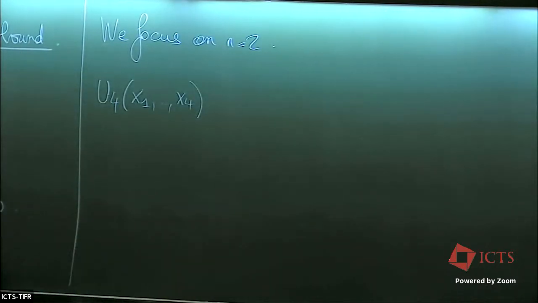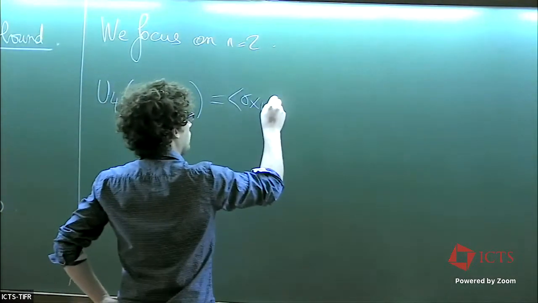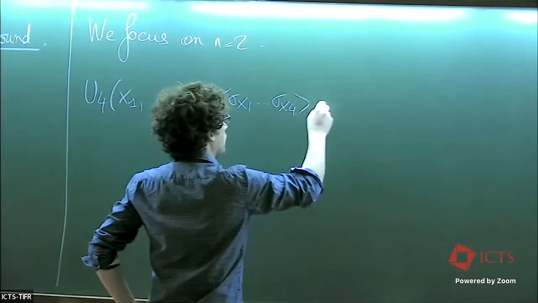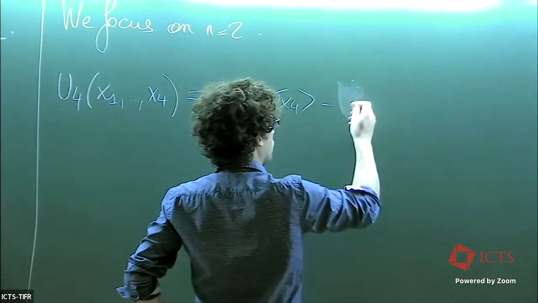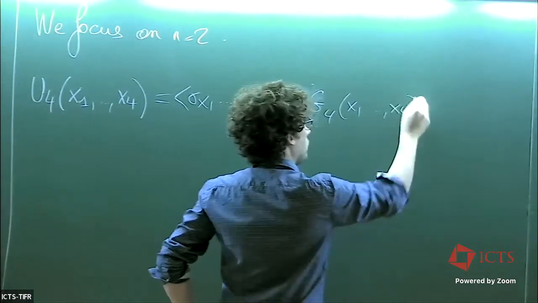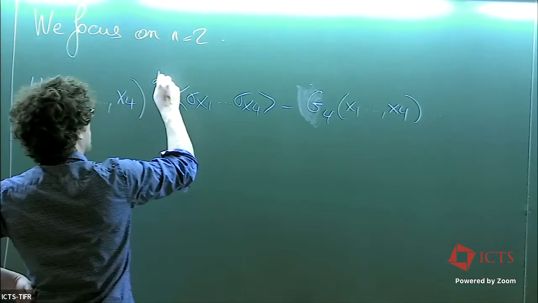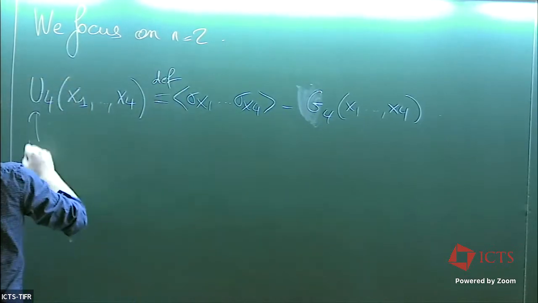And U4 is exactly sigma x1 through sigma x4 minus G4 of x1 through x4. Okay, so it's exactly the quantity I'm interested in, the difference between the two, for n equal 2. It's called the Ursell function.